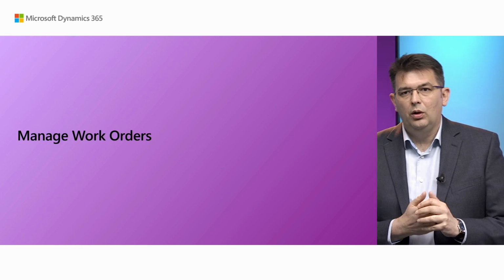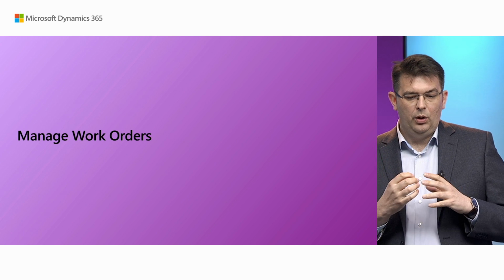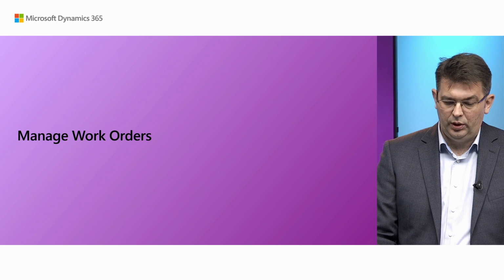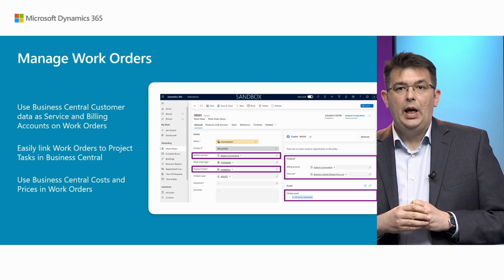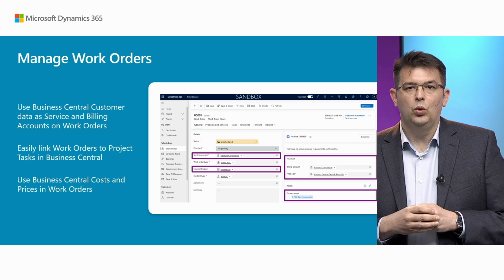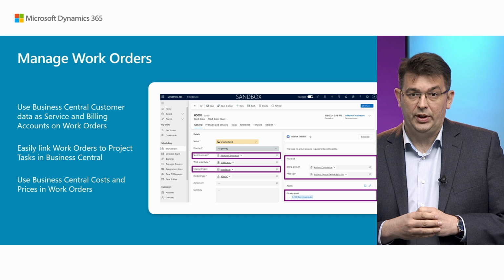So the next section of this session talks about how you manage work orders. As you saw, we created a first work order. We brought in a service and billing accounts to the work order, and it was fairly easy to link the work order to a project task.